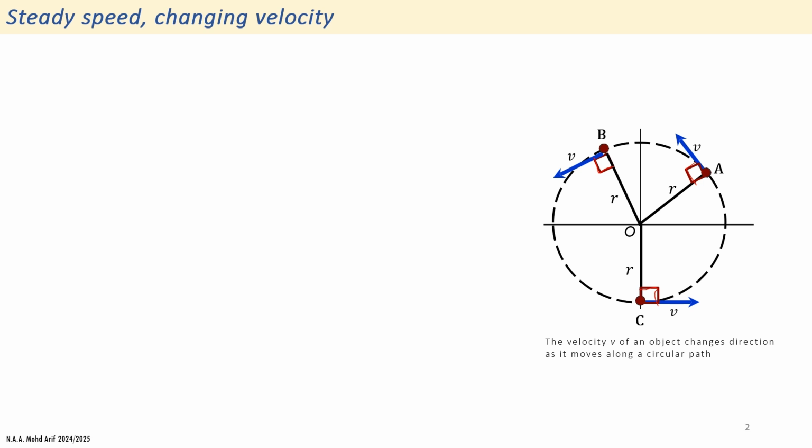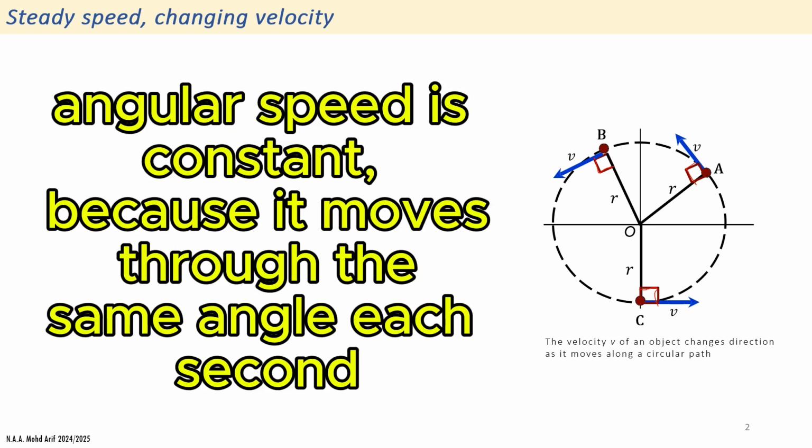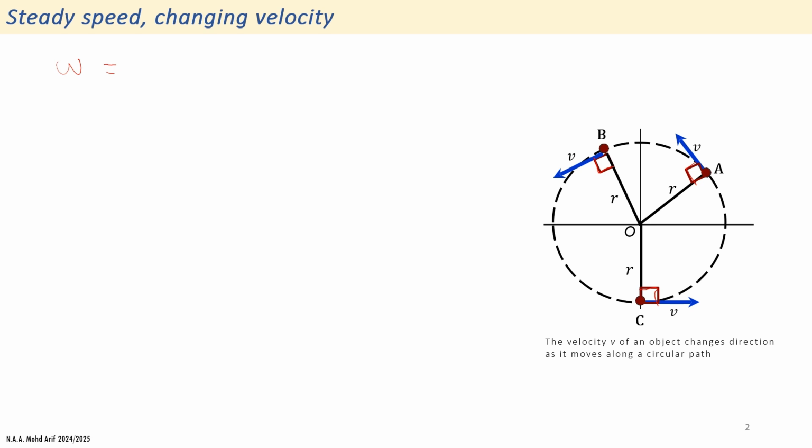So now, angular speed. Although its velocity is changing, we can say that its angular speed is constant because it moves through the same angle each second. So we can write angular speed omega equal to angular displacement, theta, divided by time taken.